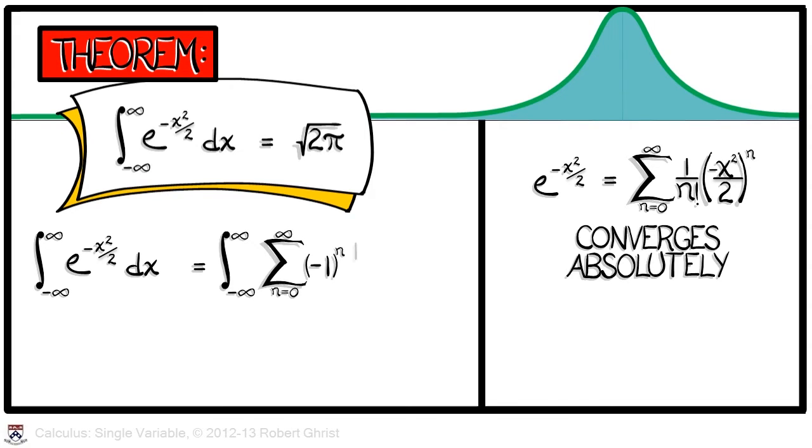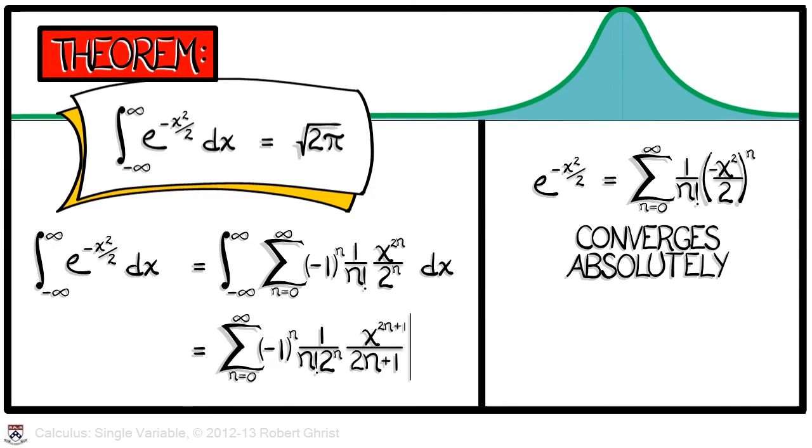So let's try that. We can take this sum and integrate the individual terms. Reversing the integral and the sum, what do we get? Well, we get the sum over n of negative 1 to the n times 1 over n factorial 2 to the n, x to the 2n plus 1 over 2n plus 1.